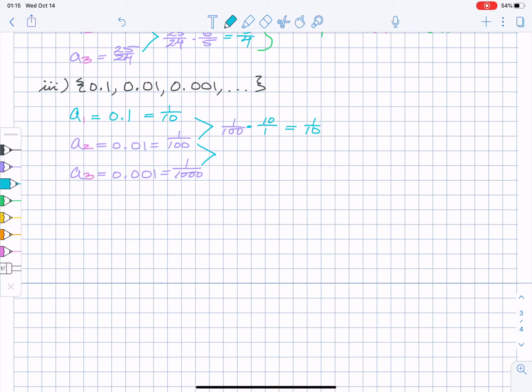Okay, now we have 1/1000 times the reciprocal, 100/1, which gives us 1/10. So I claim the common ratio is 1/10.